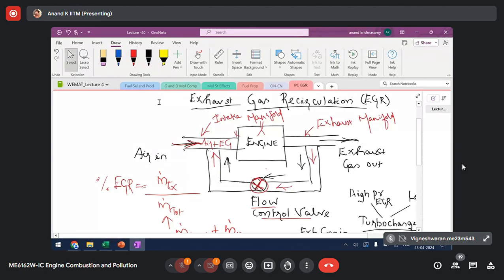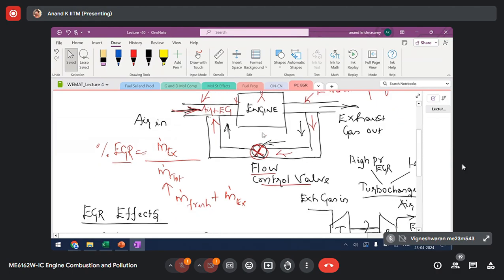And here we calculate what percentage of gas is recirculated. That is nothing but mass flow rate of exhaust gas divided by total mass flow rate. Total mass flow rate into the engine is the summation of fresh mixture and exhaust gas. In the numerator, you have exhaust mass. All these are time based, so it's mass flow rate. The ratio of these two is the percentage of EGR.